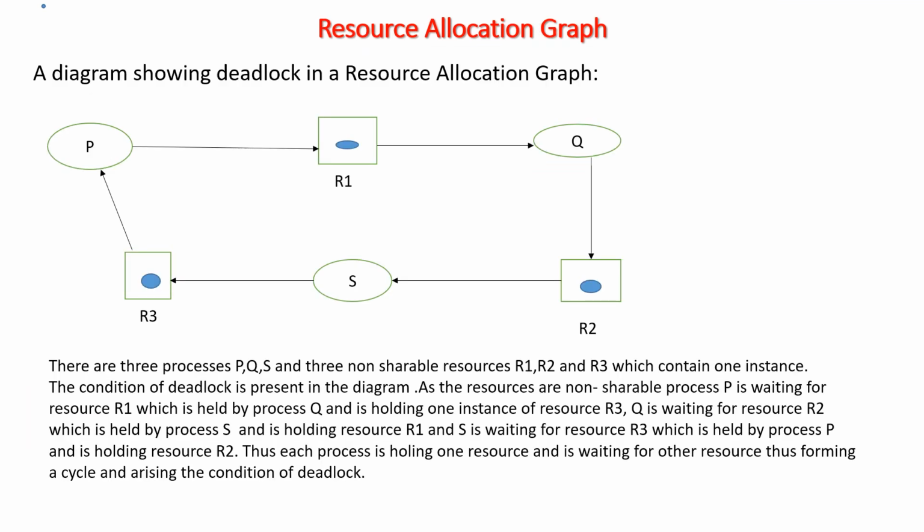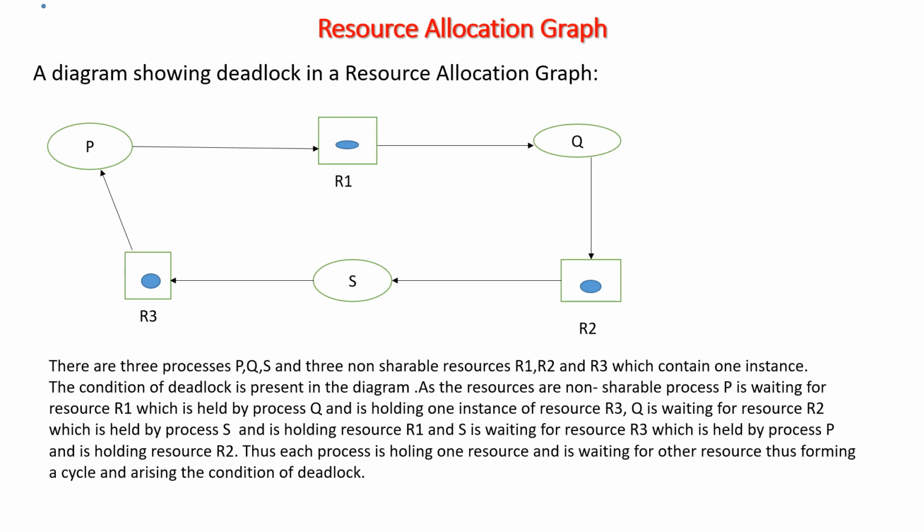This is an example of a resource allocation graph, a diagram showing deadlock. Here there are three processes, P, Q and S, and three resources with single instance, R1, R2 and R3.